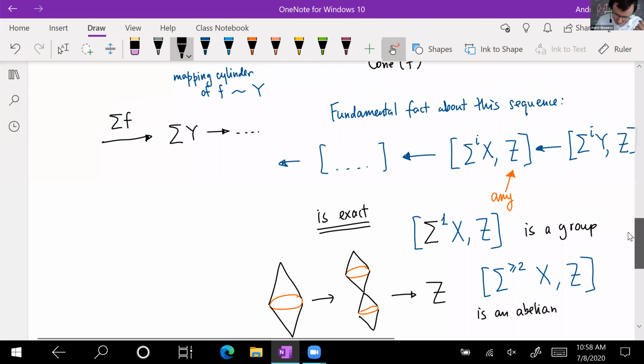You can also say that ordinary cohomology takes triangles to triangles. Okay, so that's kind of important.